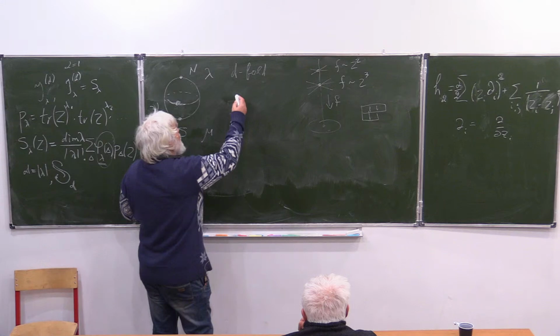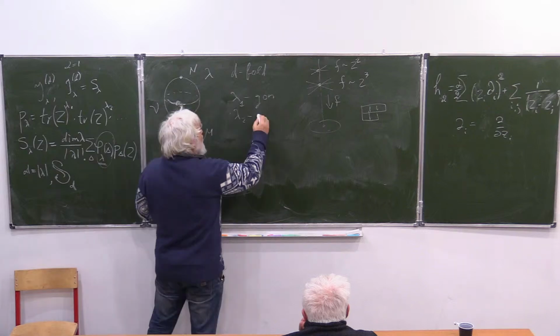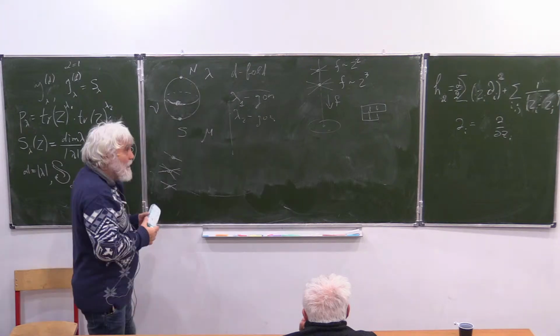Yeah, lambda 2 gon, and so on. And it is this set of polygons that is the preimage of this disk, one-gon.